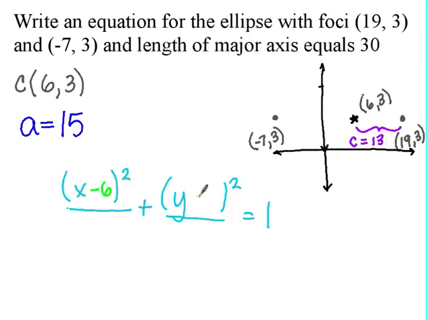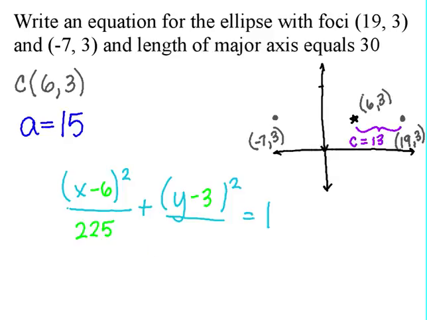What goes in with the y? y minus 3. Now I need to find what? Yep, 15 squared, and where's that going to go? Under the x. So that's going to be 225. What's going to go under y?